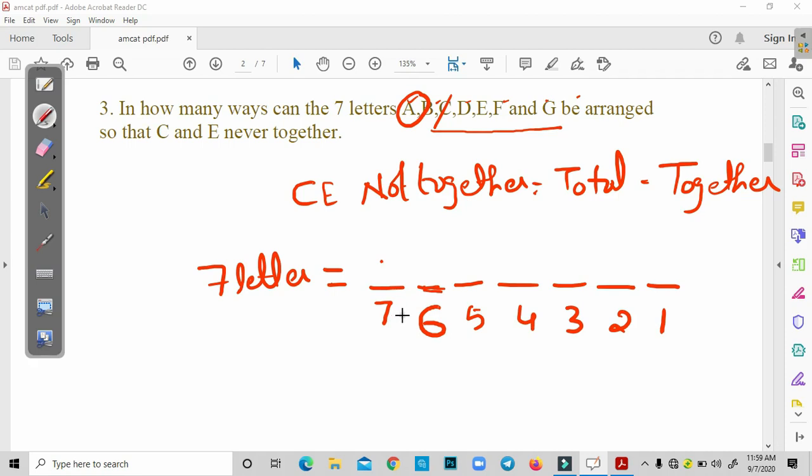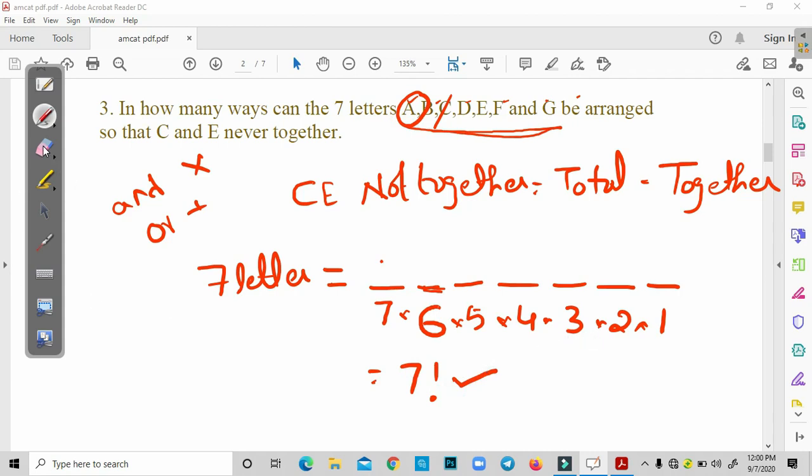Whenever you are linking with 'and', multiply the possibilities. Whenever you are using 'or', add the possibilities. First place can be filled in 7 ways and second place in 6 ways and so on, so we multiply all these possibilities. Simply we can take 7 factorial. That means 7 letters can be arranged in 7 factorial ways.